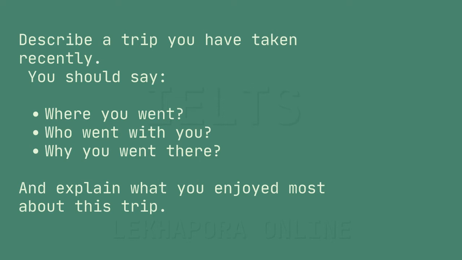And explain what you have enjoyed most about this trip. Here you can see 3 WH words: where, who, and why. So when you are preparing for 1 minute, you can take these 3 WH words and make notes on what you want to say about each question.